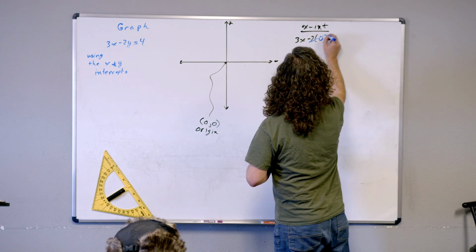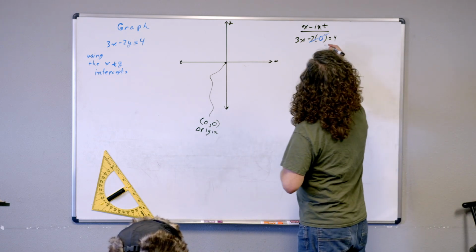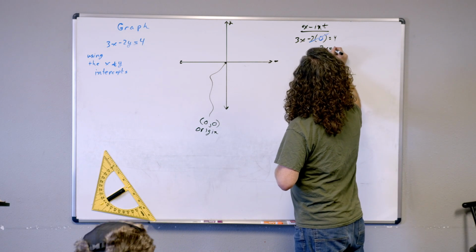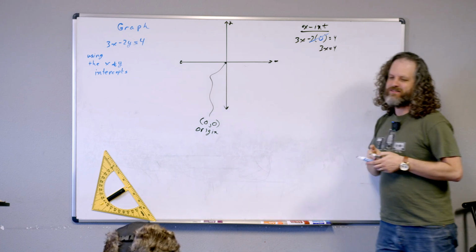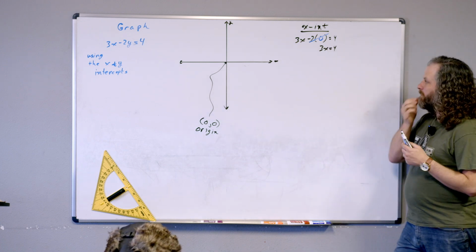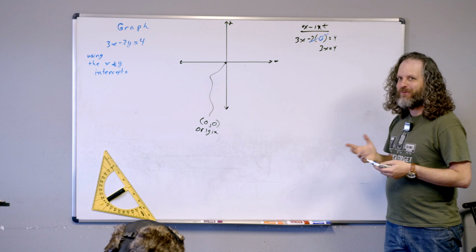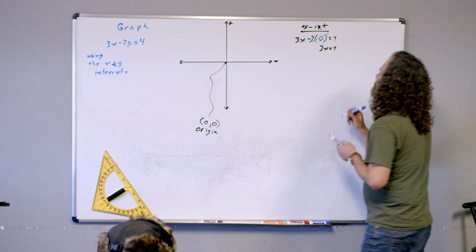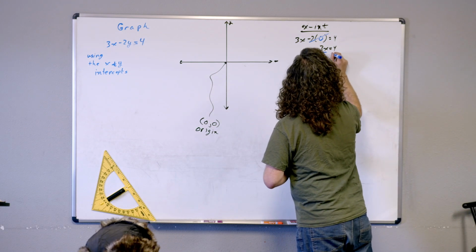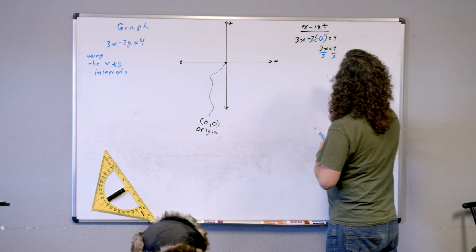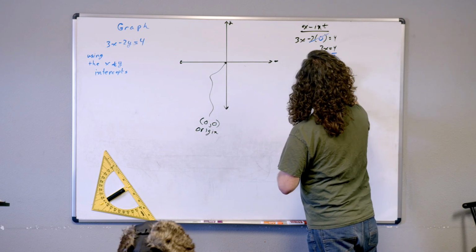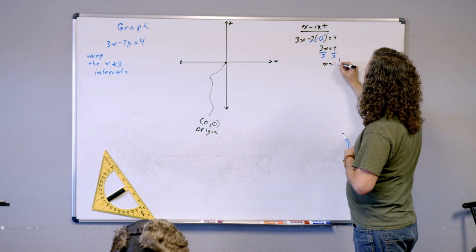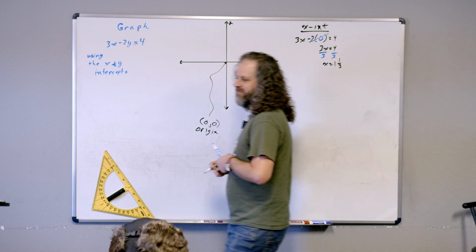It poofs away. Gone. Now what? Divide by 3. So the x-intercept is at 1 1/3, right?